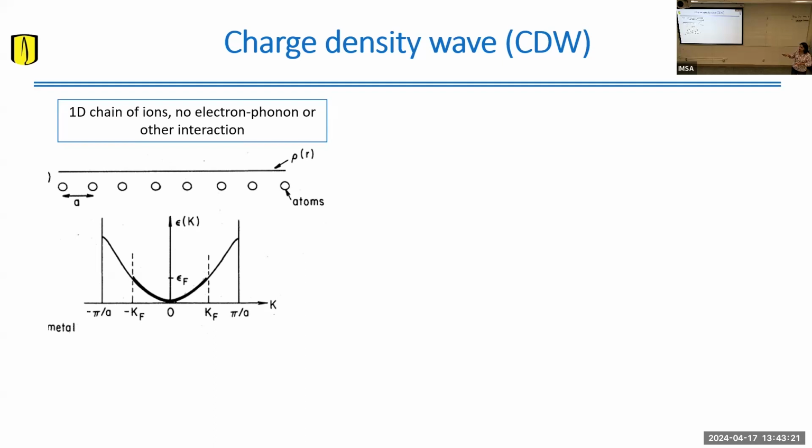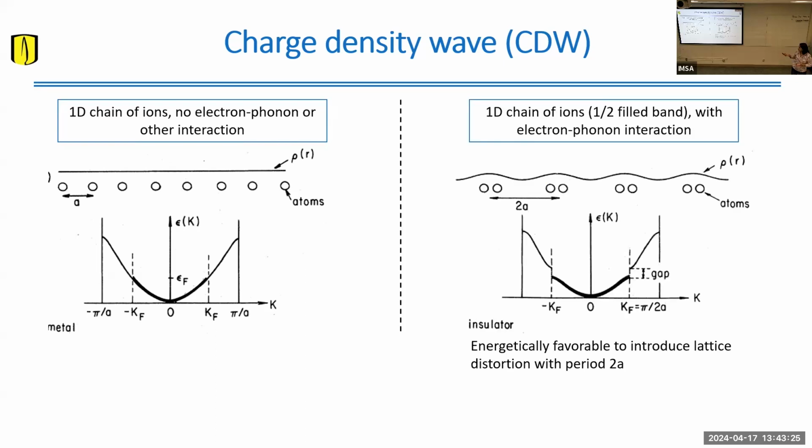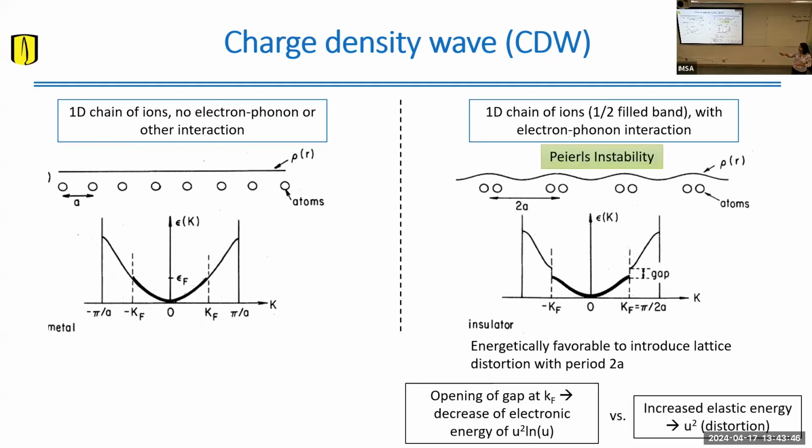But once you turn on interactions between the lattice and the electrons, your system is unstable to a modulation of the charge density, which creates a new periodicity in your system of exactly 2 times the Fermi wave vector. This is for a half filling case, which gives you a double periodicity.